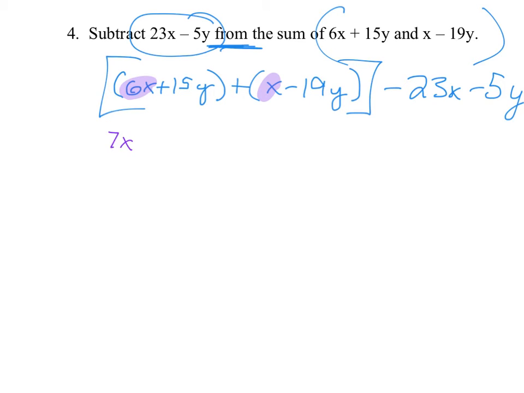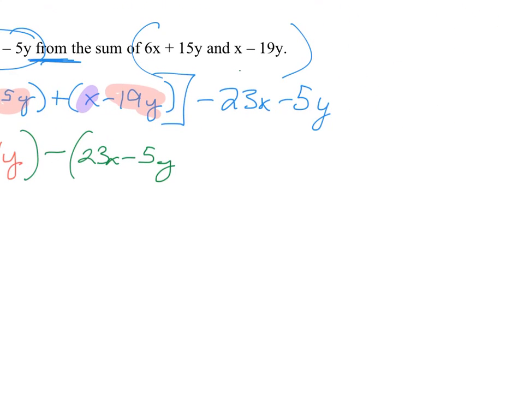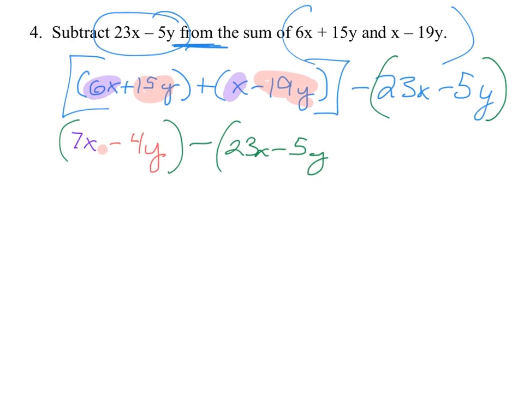I've got 15y and a minus 19y, so that's going to give me minus 4y. Now I take this and I subtract the 23x minus 5y. Notice I made a mistake here. That should have been in parentheses.